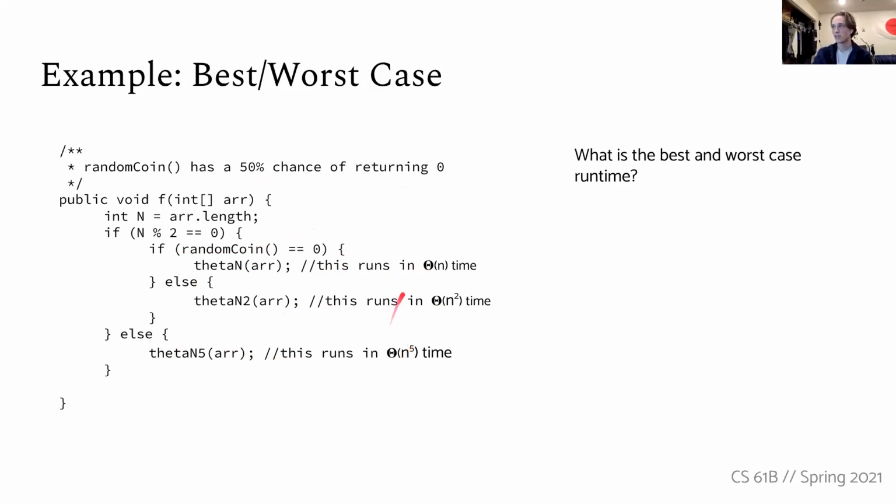So it looks like our best case scenario is going inside the first if statement, because both of these do less than n to the 5 work, whereas our worst case would be going into this else statement.